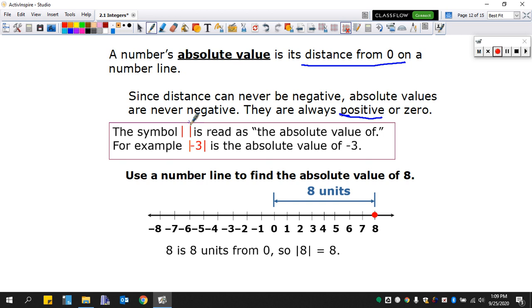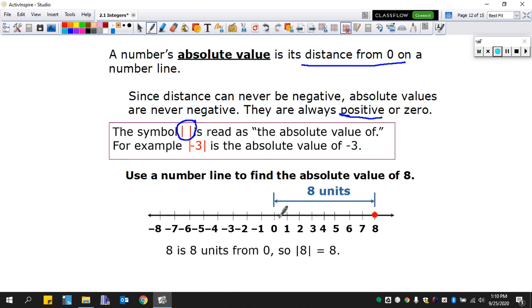And this symbol right here of 2 vertical lines is the symbol for the absolute value of. So for example, vertical line, negative 3, vertical line is read as the absolute value of negative 3. And in our example down here, it says use the number line to find the absolute value of 8. Well, we start at 0, put a dot at 8, and we just simply count.